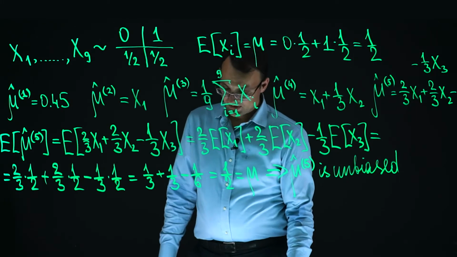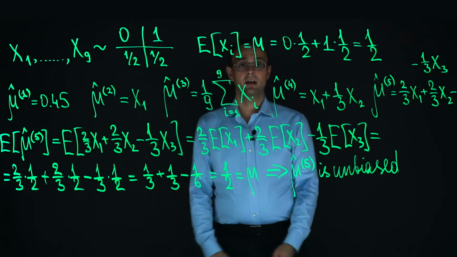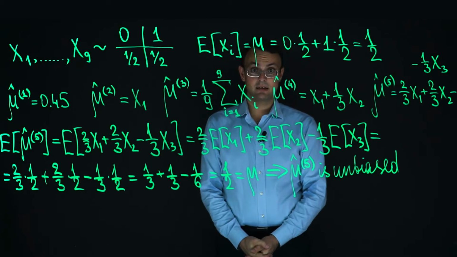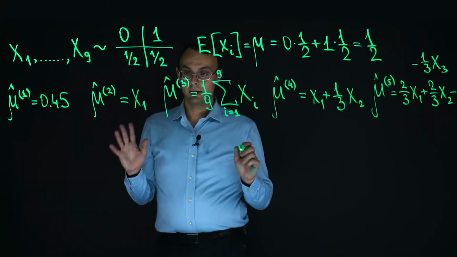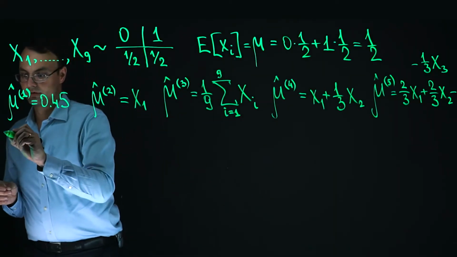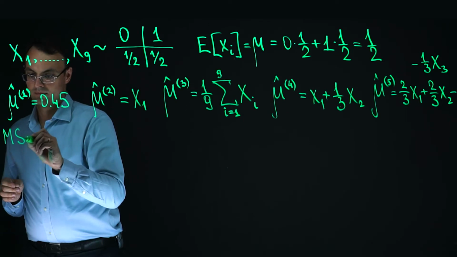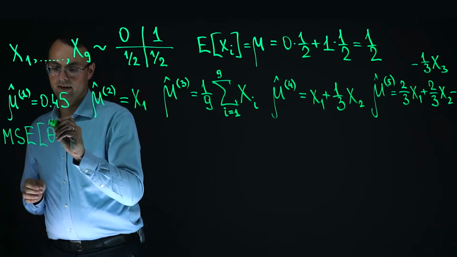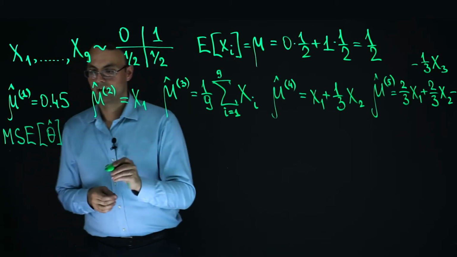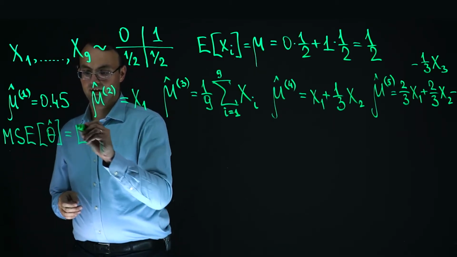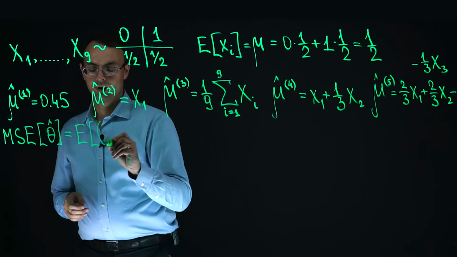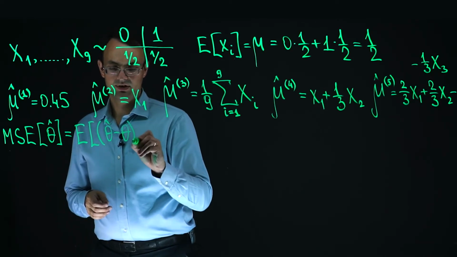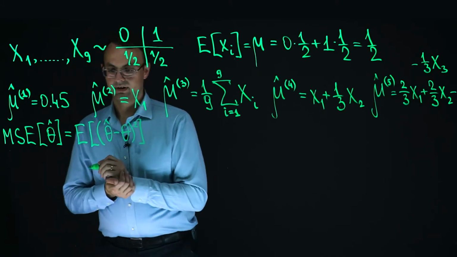And so in this case, the mean square error, or MSE, is used. The MSE, the mean square error of an estimator is defined as the expected value of (theta hat minus theta) squared.